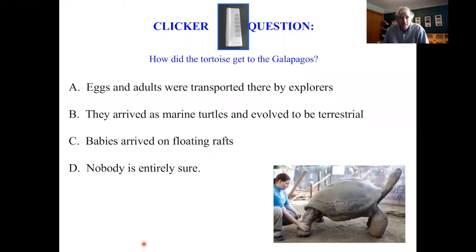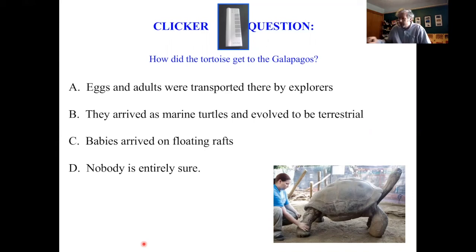A, eggs and adults were transported there by explorers. B, they arrived as marine turtles and evolved to be terrestrial. C, babies arrived on floating rafts. Or D, nobody's entirely sure. I'll give you 10 seconds on this one. 5 seconds. 3, 2, 1, stop.